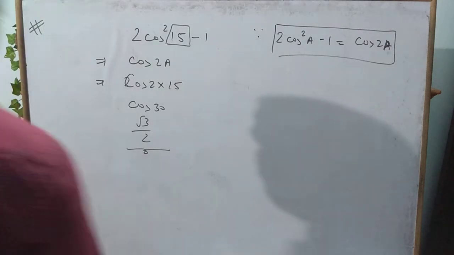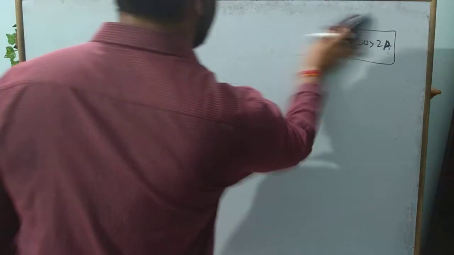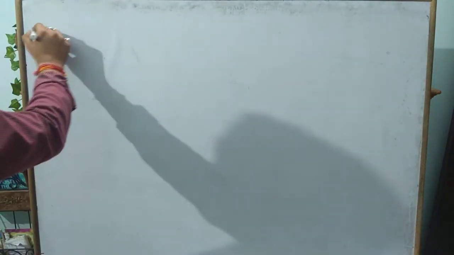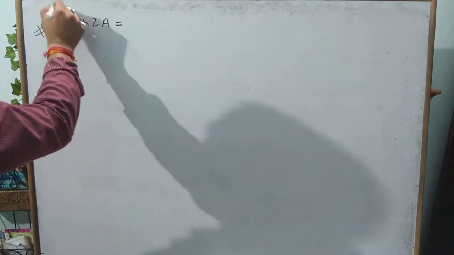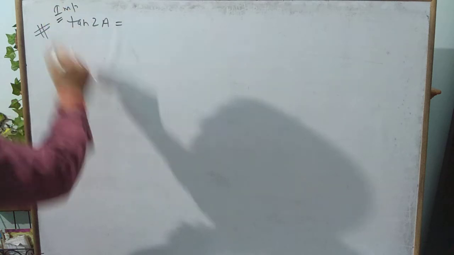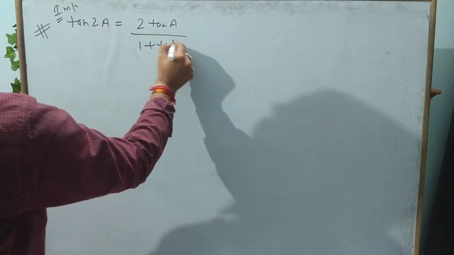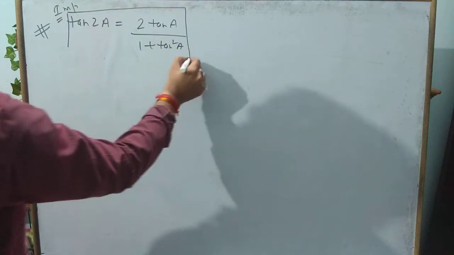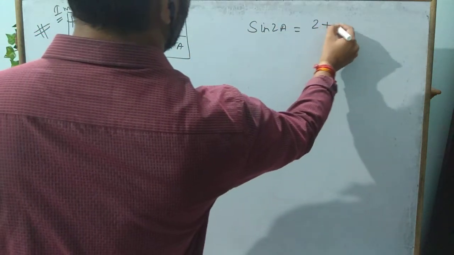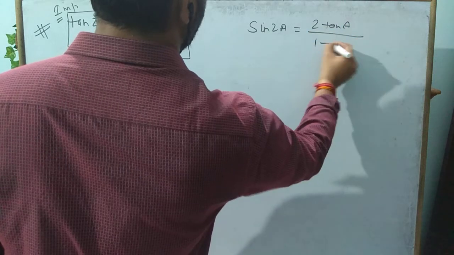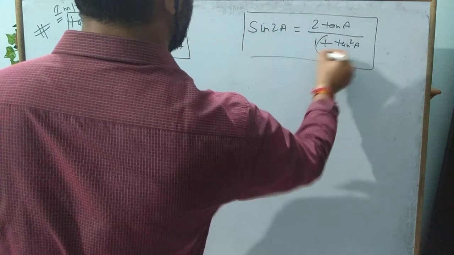Now, these are the formulas of cos 2A and sin 2A. Similarly, the very important formula of tan 2A: tan 2A is 2 tan A upon 1 minus tan square A. Do not get confused: the sin 2A formula is 2 tan A upon 1 plus tan square A, where the denominator contains plus.